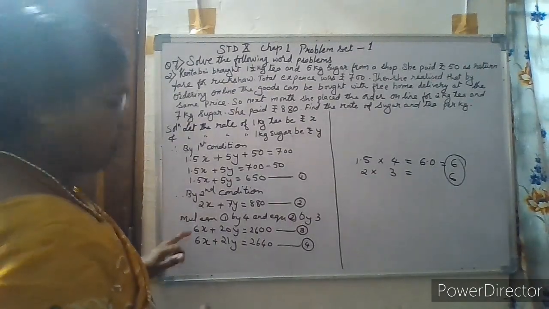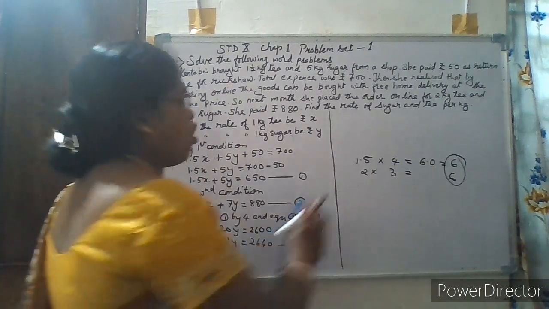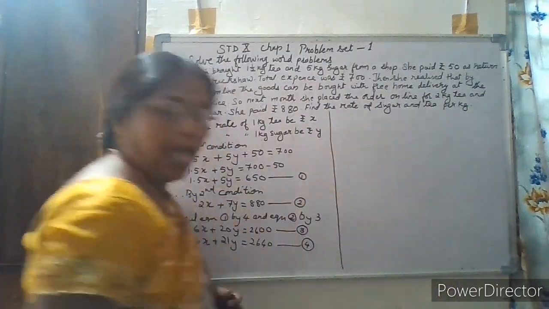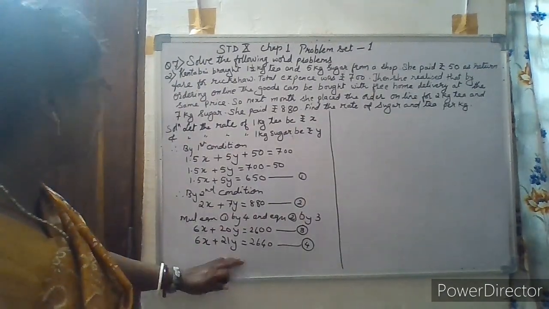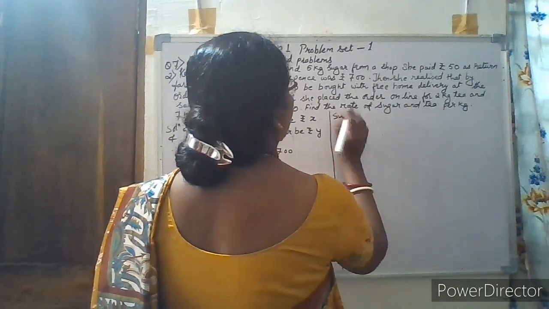But they are both plus or positive. So therefore we will have to subtract the equation. So subtract equation 4 from 3.